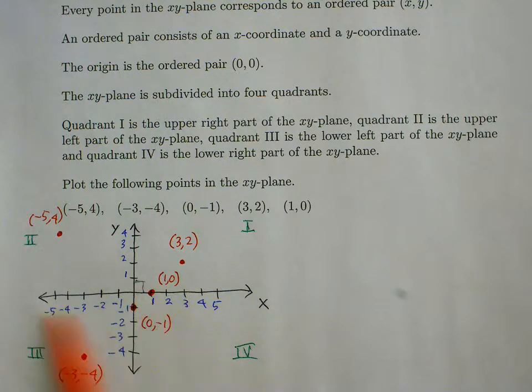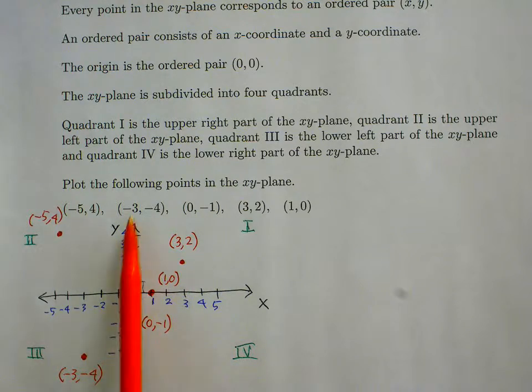A little bit earlier, we saw that every point on the y-axis has an x-coordinate of 0. Okay, that's how you plot points. And plotting points is one of the ways that we're going to graph linear equations, by plotting points.